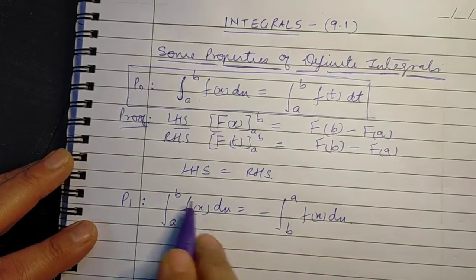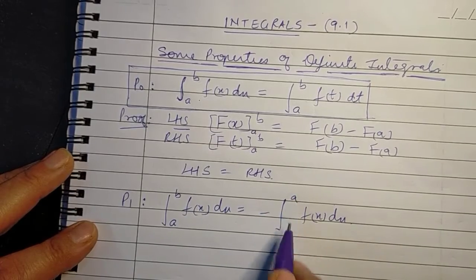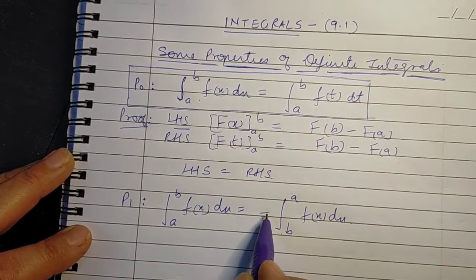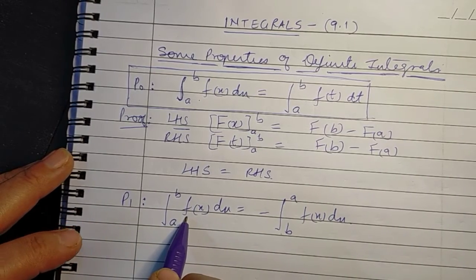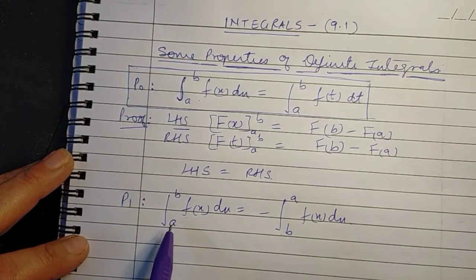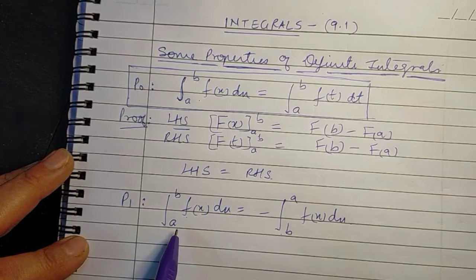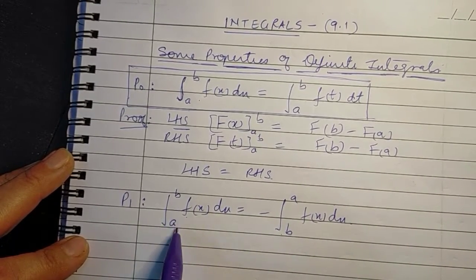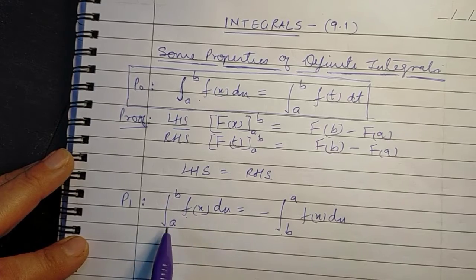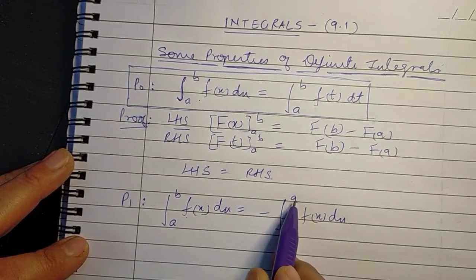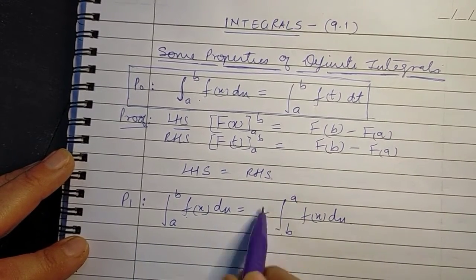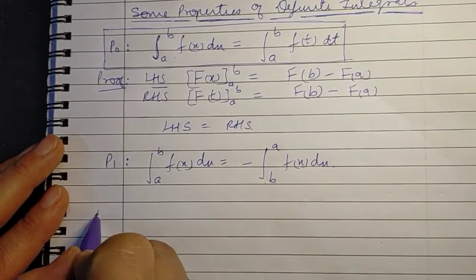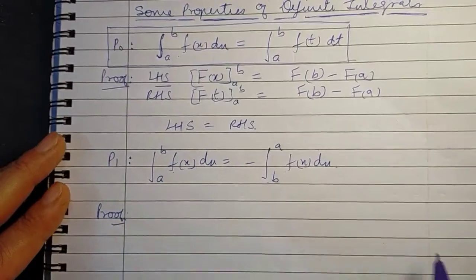The only difference is that we have swapped the limits of integration, and what we get is the negative of the original result. So if you simply swap the order in which we apply the limits, that is, the upper limit becomes the lower limit and the lower limit becomes the upper limit, the value so obtained would be the negative of the original value. So let us quickly take up the proof.